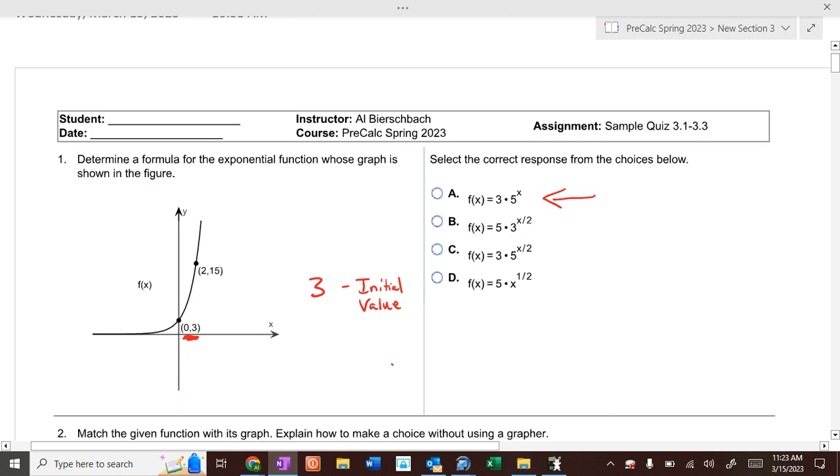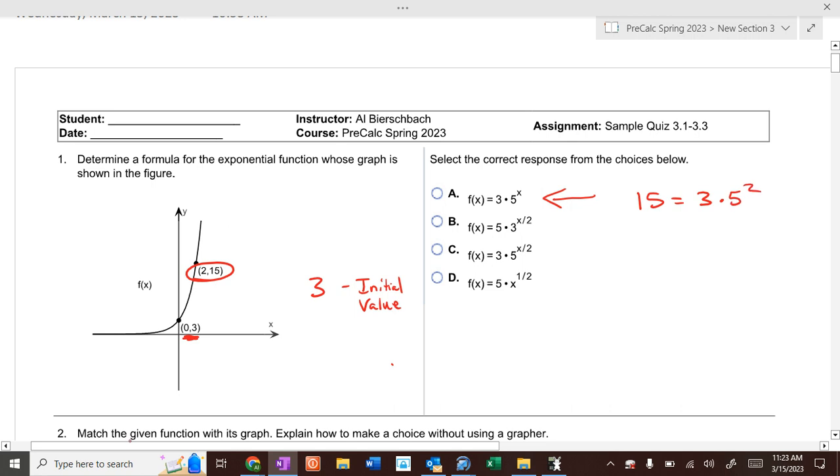Now, how do I check and see if it's A besides typing that equation into my graphing calculator and graphing it? Put in this point and see if it works. Is 15 equal to 3 times 5 squared?